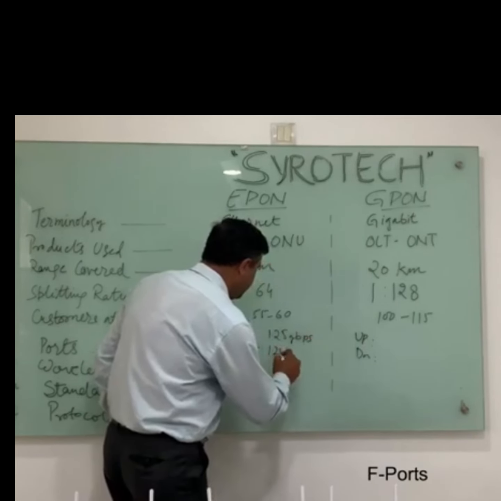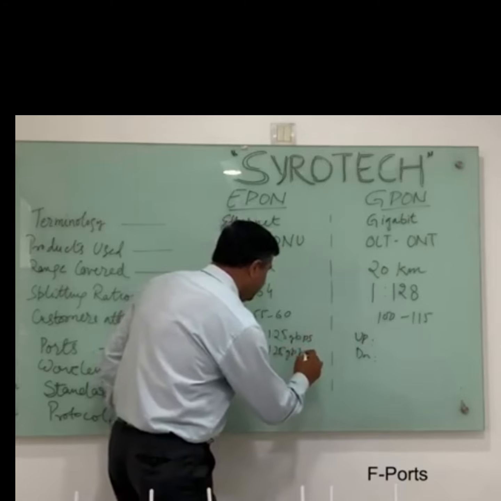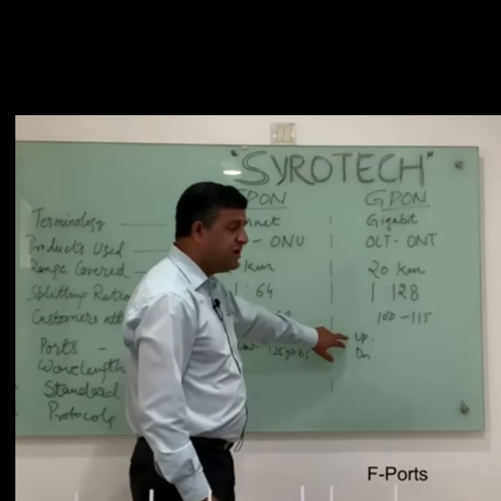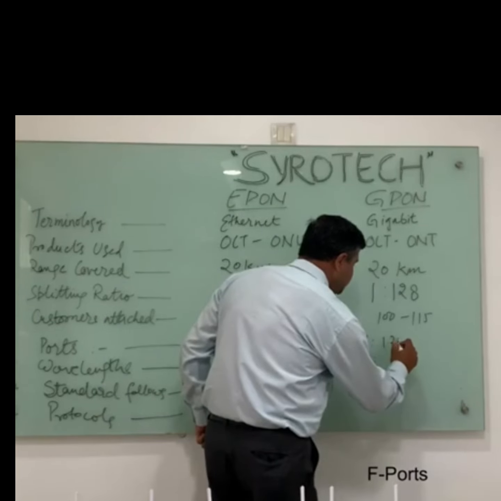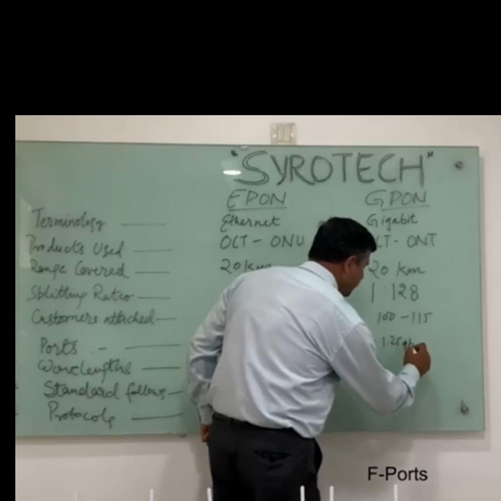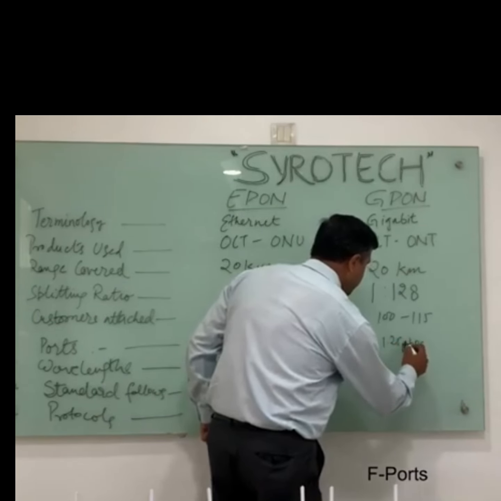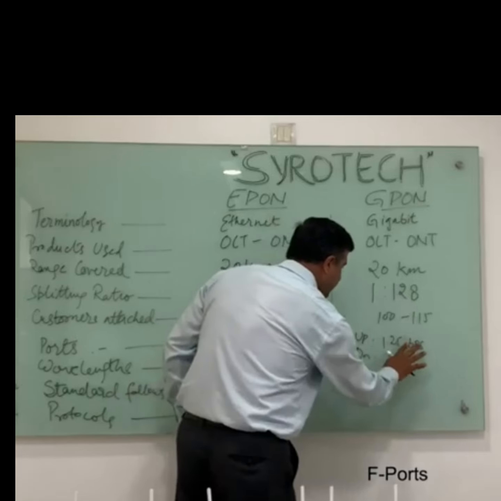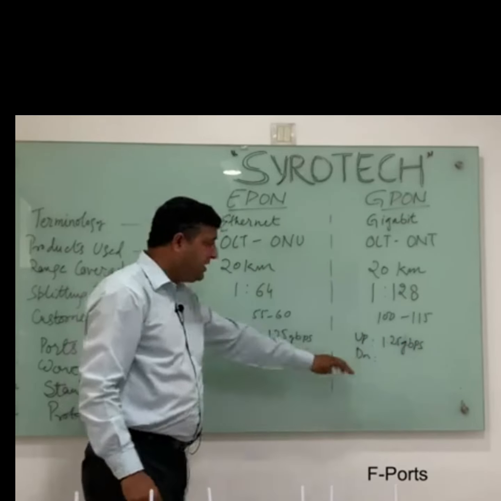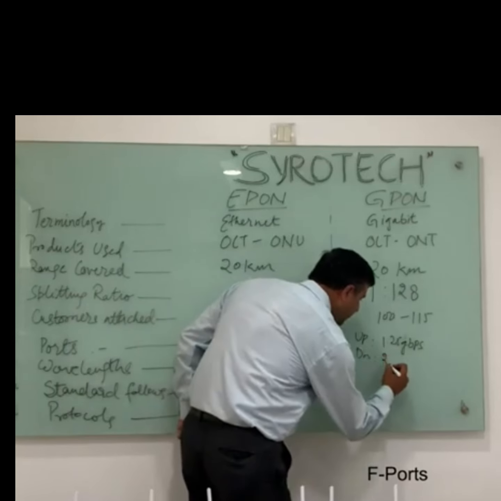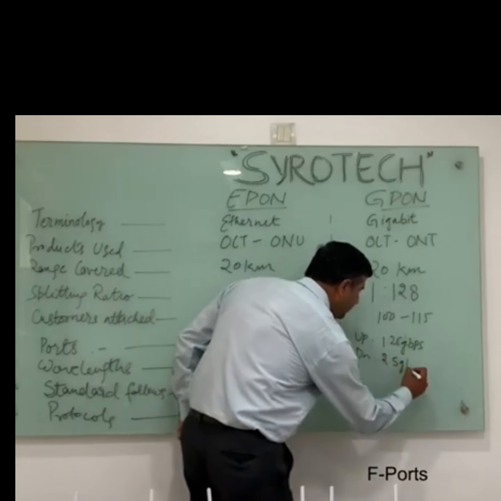Here also 1.25 Gbps. But here in GEPON, our speed in the uplink port will remain the same, 1.25 Gbps, but in the downlink case, our speed will be 2.5 Gbps.